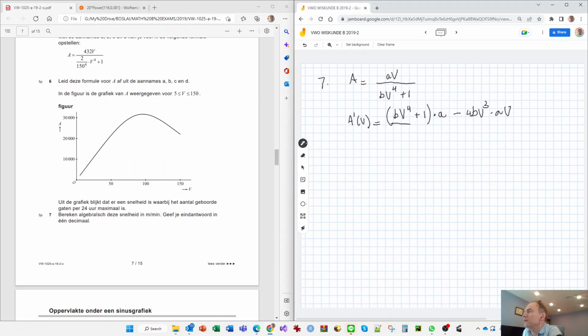And this whole thing we need to divide by the denominator squared.